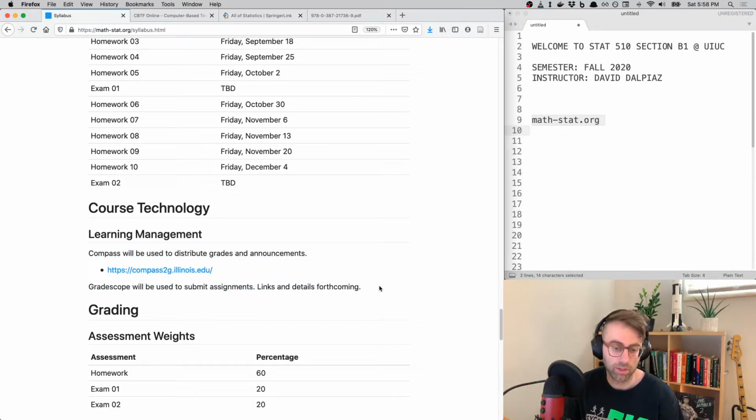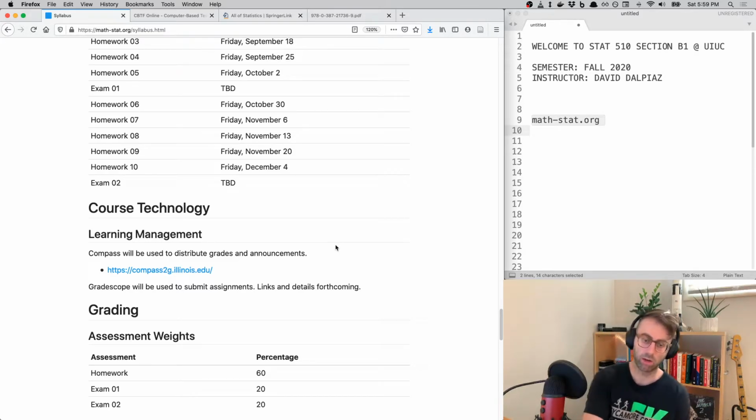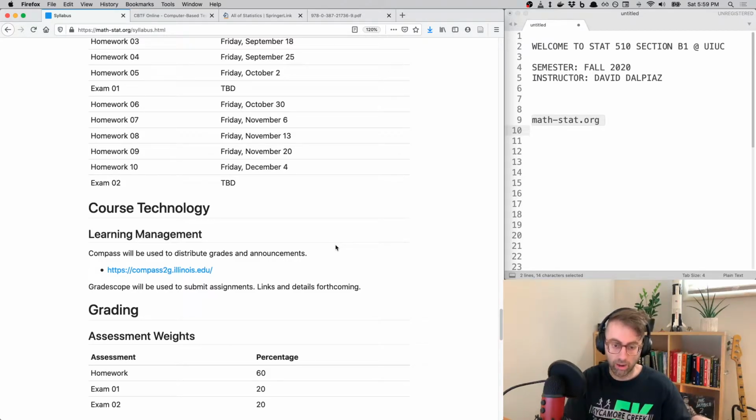So we'll use Compass. Everyone should be in Compass as I record this video. If not, send me an email or you'll get automatically added when the roster updates go. Mostly throughout the semester, grades will be in Gradescope. Compass is there just because it's the devil I know in terms of gradebook, so I'll occasionally export grades from Gradescope into Compass, but also so that I can use the announcement system, which will store recaps of the announcements that went out and also allow me to email out to the roster.